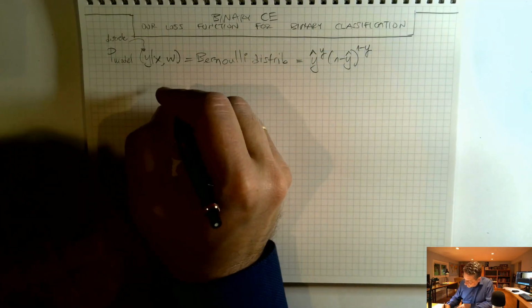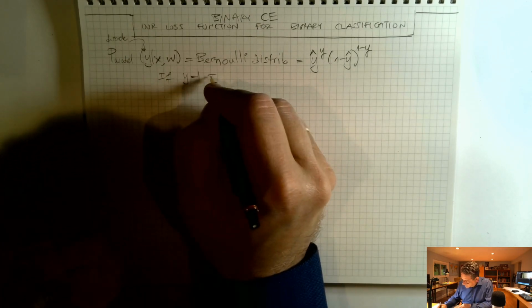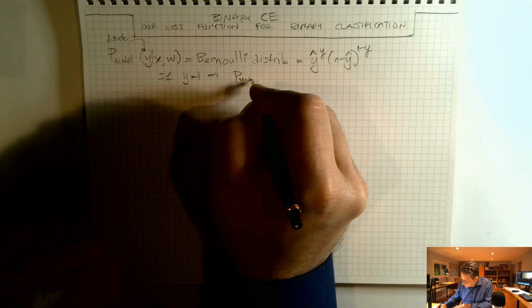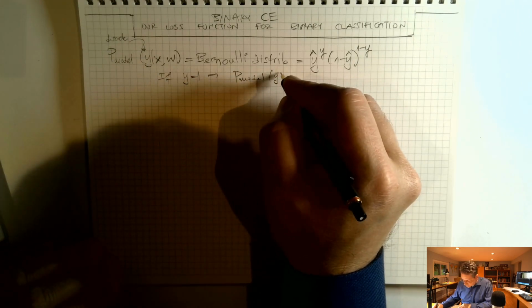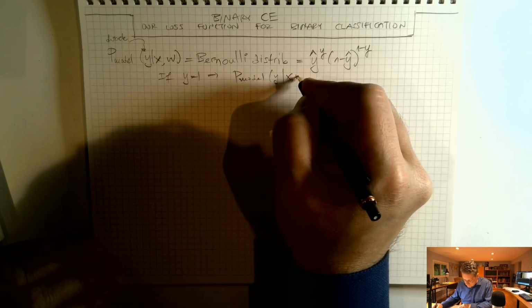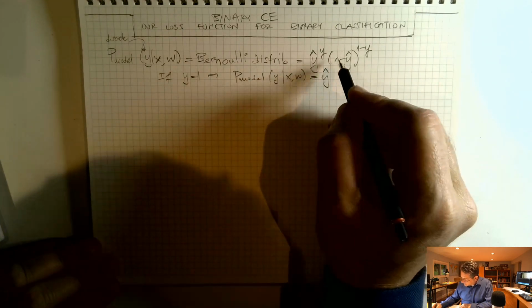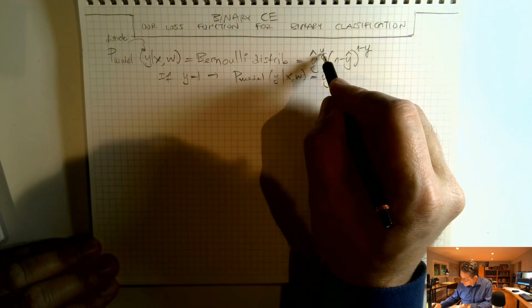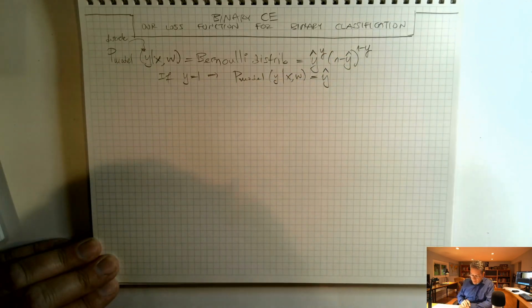If my ground truth is 1, this p-model of y given x, comma w is simply y hat, because the y is 1, so 1 minus y is 0, and therefore this term whole is 1, so the only thing that remains is y hat.